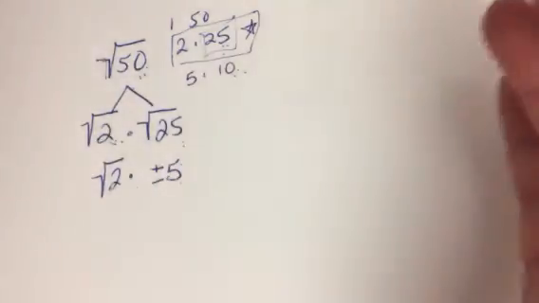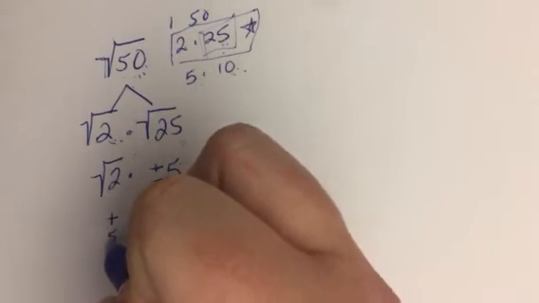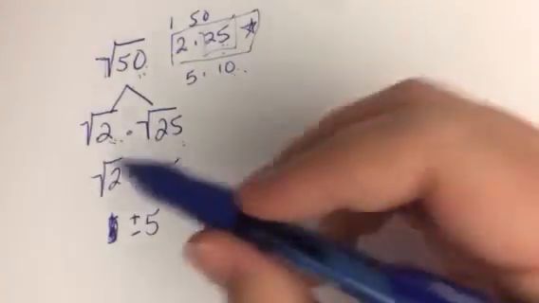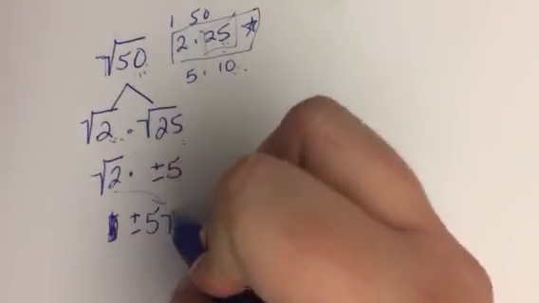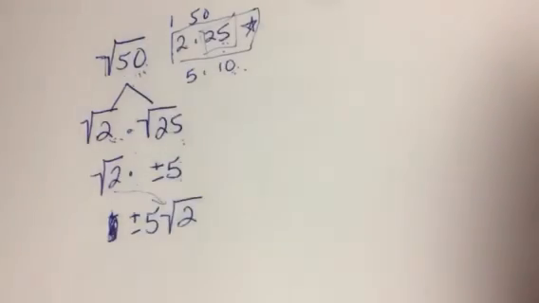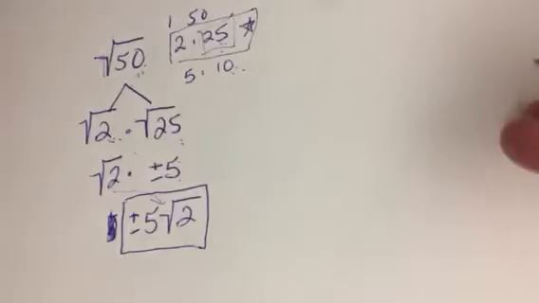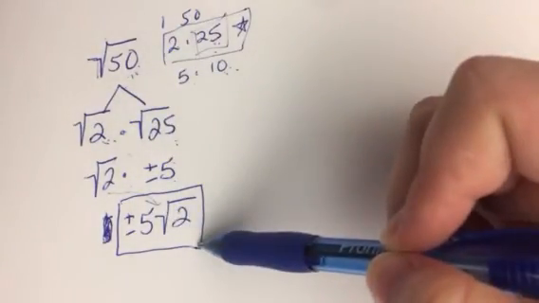It's just proper mathematical grammar. So I'm going to write the plus or minus 5 down first, and then bring the square root of 2 and write it beside it. So this right here is the simplified version of the square root of 50.